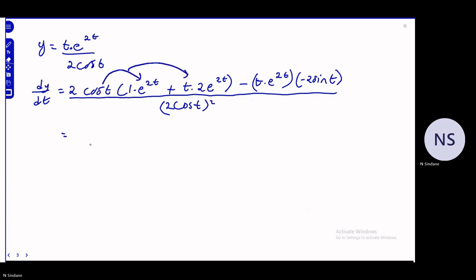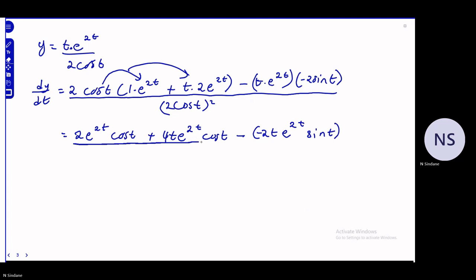So here I'm going to have 2e to the power 2t cos of t plus 2 multiplied by 2 is going to be 4, means this is 4t e to the power 2t, and then cos of t minus, in bracket, this will be 2 minus 2t e to the power 2t sine of t. Divide this by 4 cos squared of t.